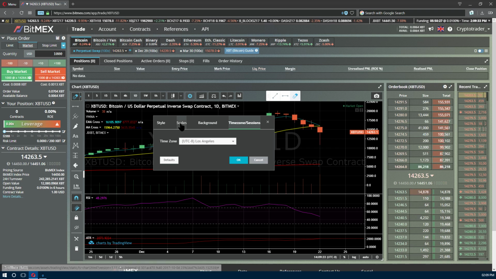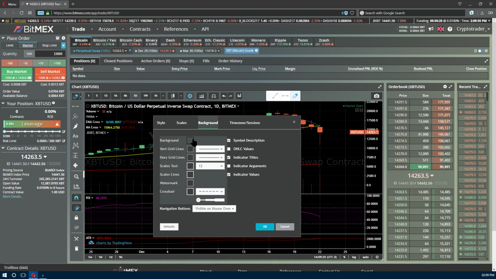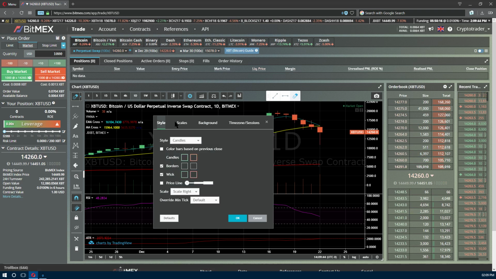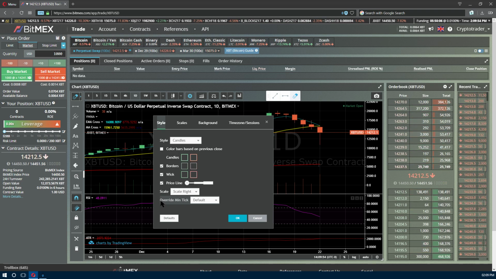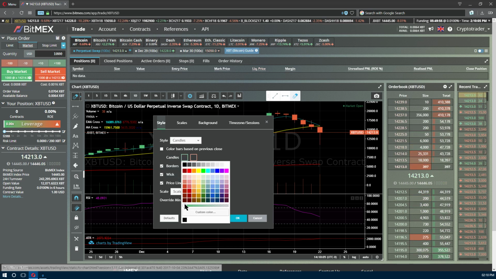Time zones. Background. Here's the price line. Borders, right? Candles. Let's see if I can clear this up.